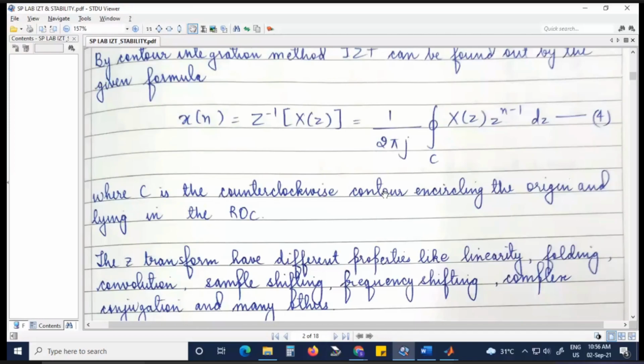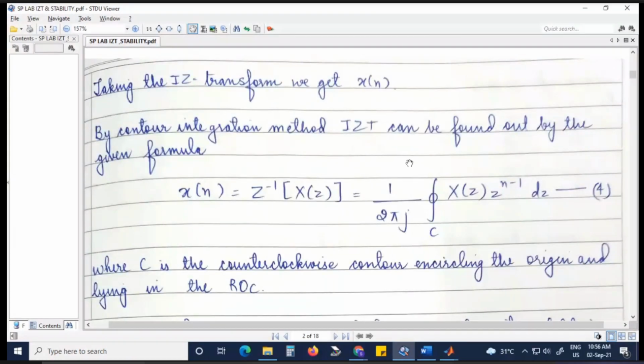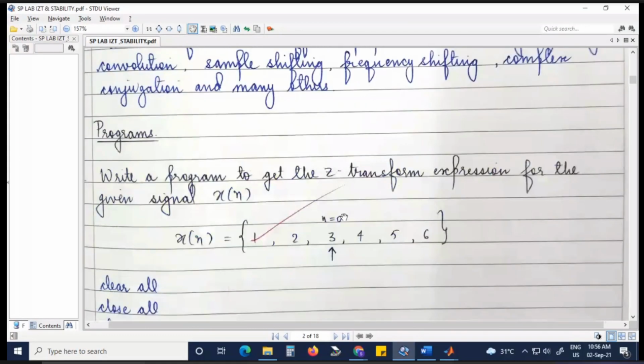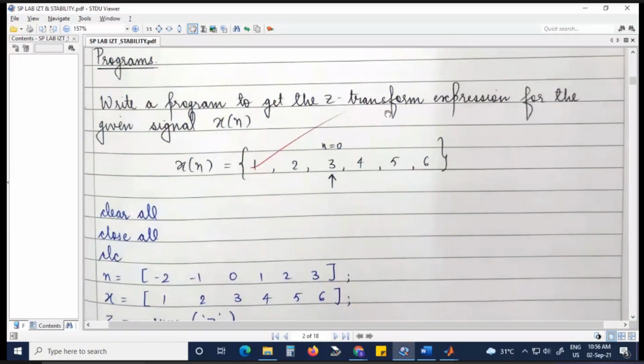Here some theory related to contour integration is given, but that is not required. So let us write the program first. Write a program to get the Z transform expression for the signal x(n). We are considering x(n) as 1, 2, 3, 4, 5, 6, where the origin is at n equal to 0.